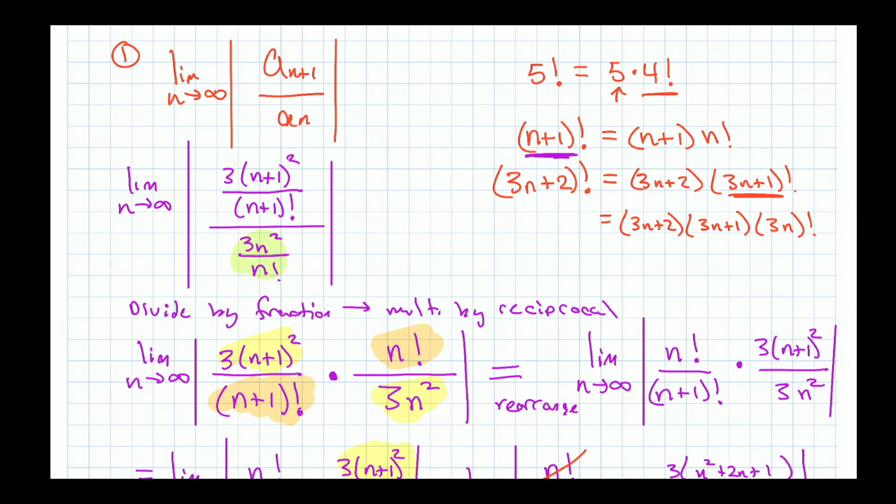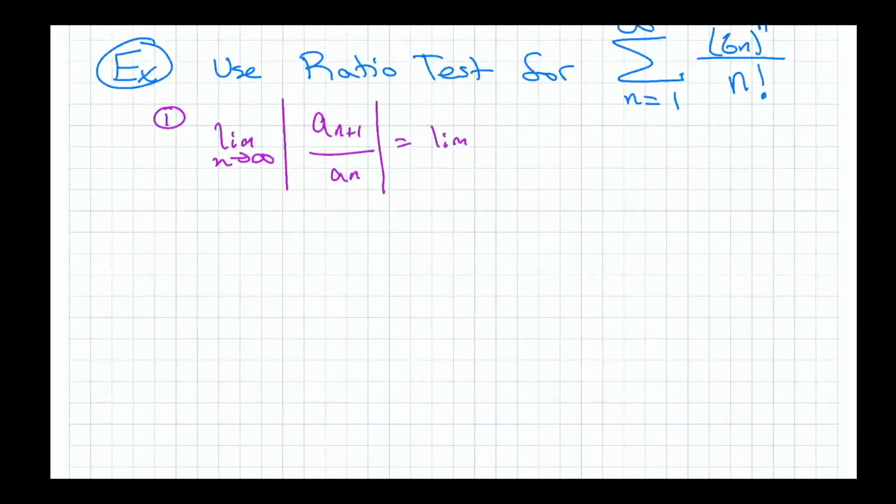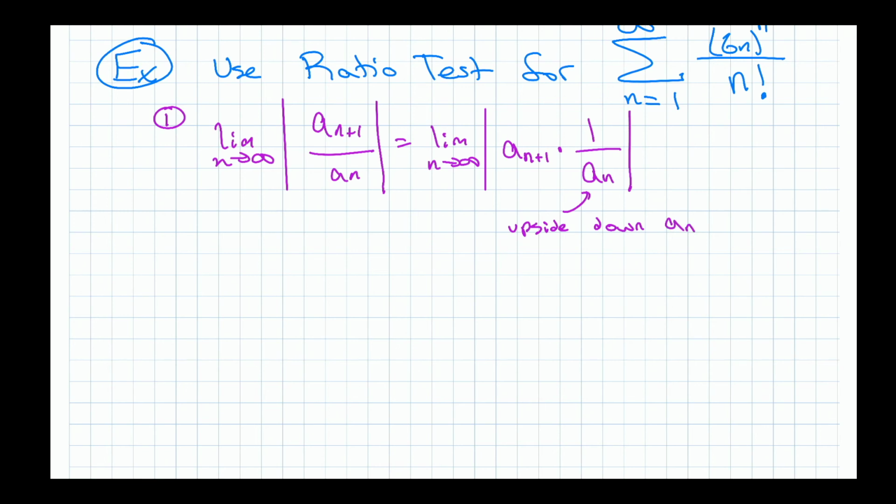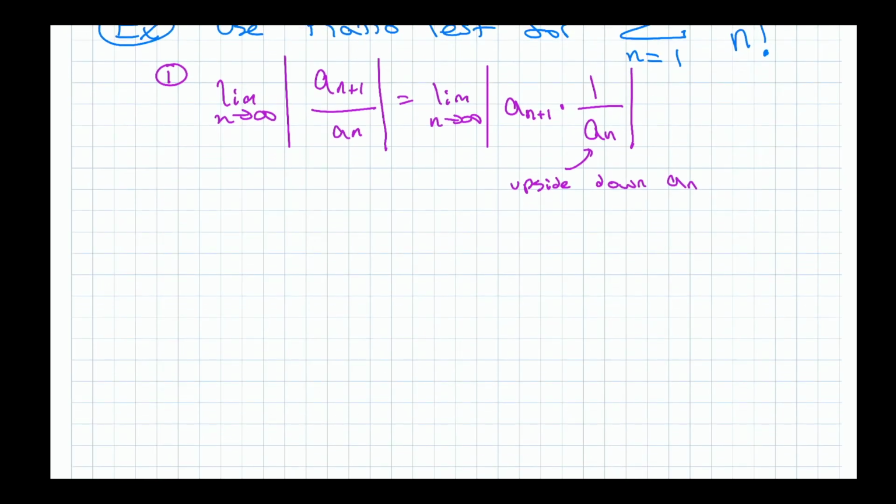If you want to skip that so you can do one less line of work, then you might just want to remember it this way. Instead of an plus 1 over an, maybe you can remember it as an plus 1 times 1 over an. Think of it that way, right? Because this is just an upside down an. That'll make it easier. So let's do it.